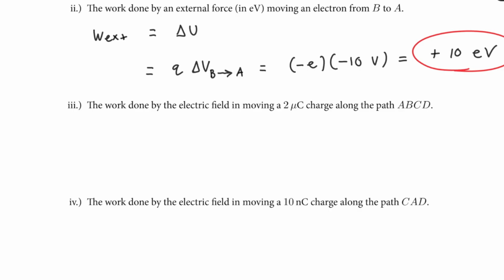All right, the work done by the electric field in moving a 2 microcoulomb charge along the path A, B, C, D. Okay, so you actually don't have to do this in 3 or 4 different steps, because we're just looking at delta V. And delta V doesn't care how you get from point A to point D, it just cares that you went from A to D. So first of all, the work done by the electric field, that's defined to be opposite the potential energy change.